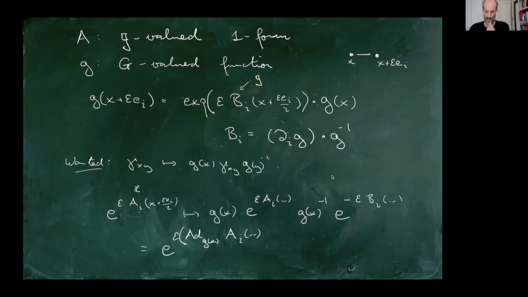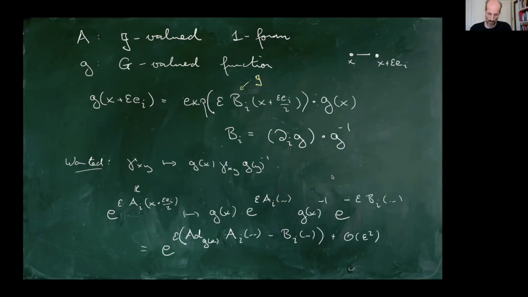So if these things are all order epsilon, then here I get the b_i, and then I would have an order epsilon squared, right? And so what does it tell me?